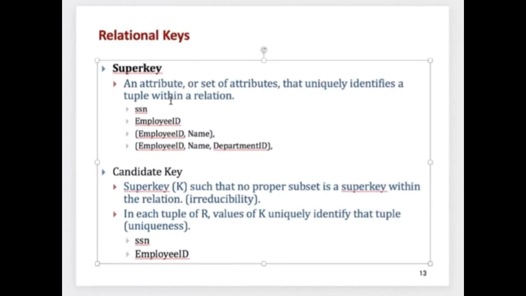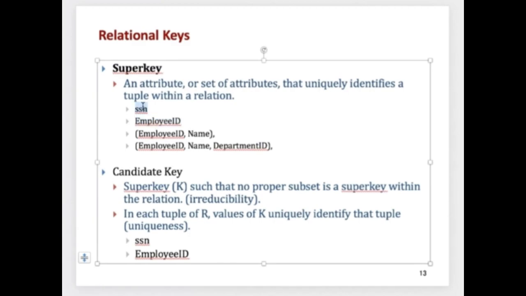If we have a table, in that table we must have one attribute which does not repeat. For example, employee ID. For all the employees, employee ID is different. So from each employee ID, we can uniquely identify each record in the table.